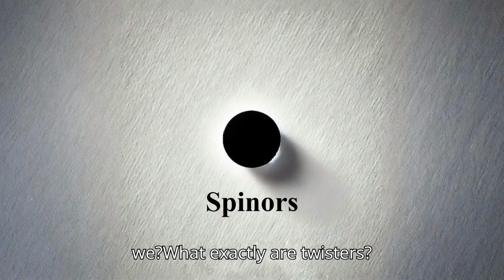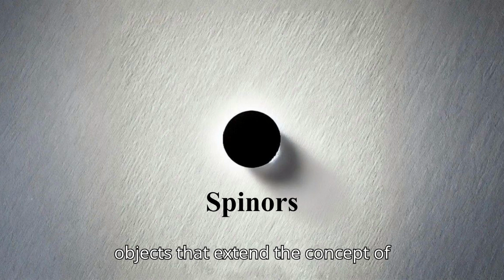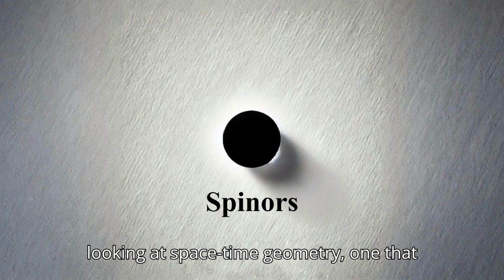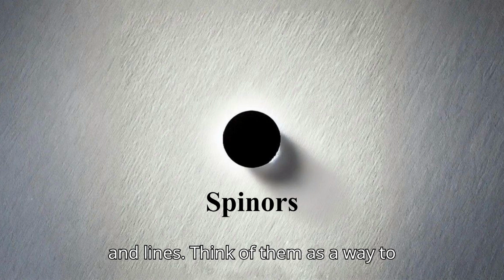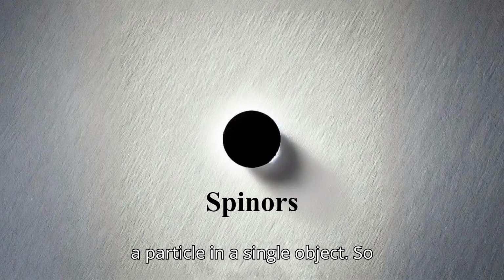What exactly are twistors? Twistors are fascinating mathematical objects that extend the concept of spinors. They provide a different way of looking at space-time geometry, one that emphasizes the connections between points and lines. Think of them as a way to encode both the position and momentum of a particle in a single object.